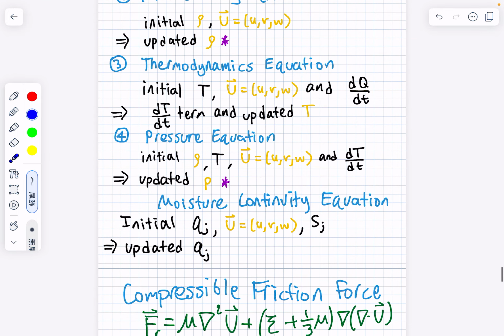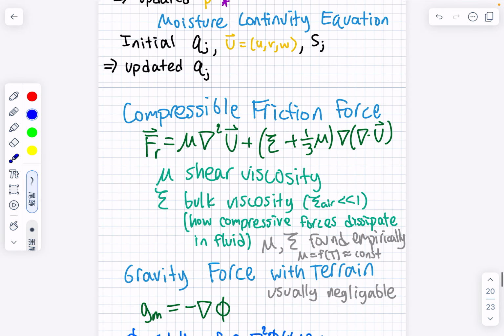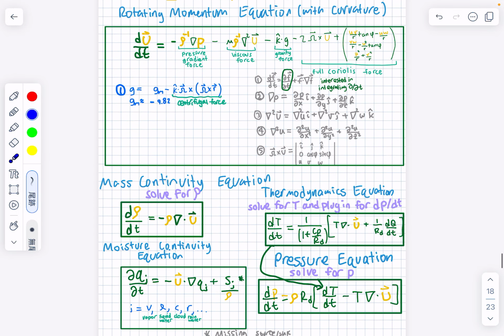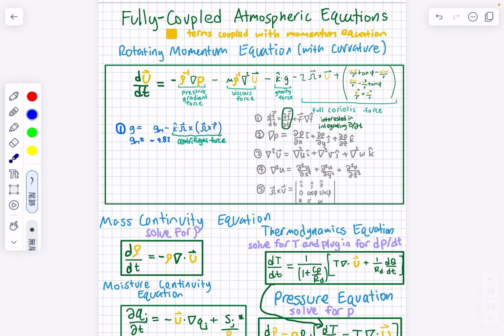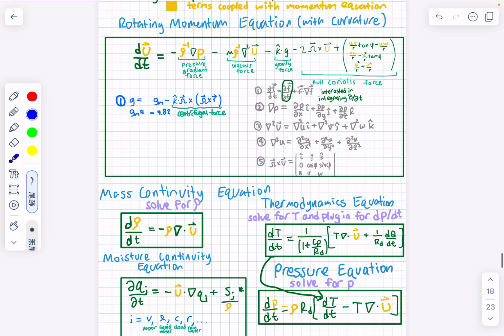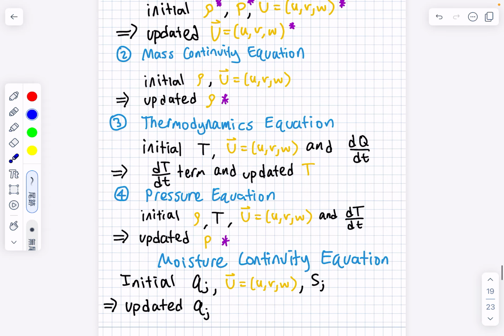I also want to mention two more things. One thing we forgot to mention is that this equation is incompressible. So it's actually better to use this for something like water, and it's an approximation for air, and it works pretty well. But I know for sure this friction term needs to be a little bit different if we're going to say it's compressible.